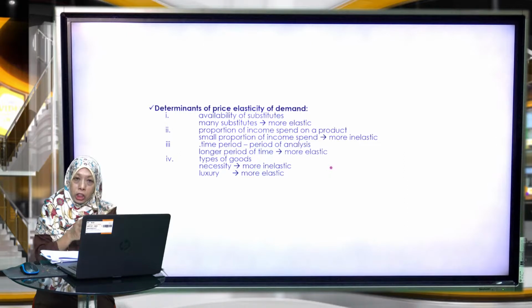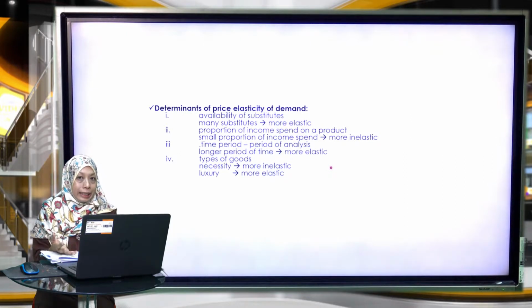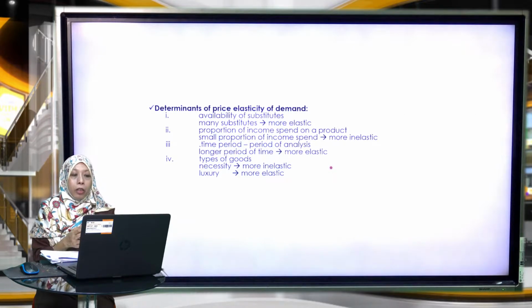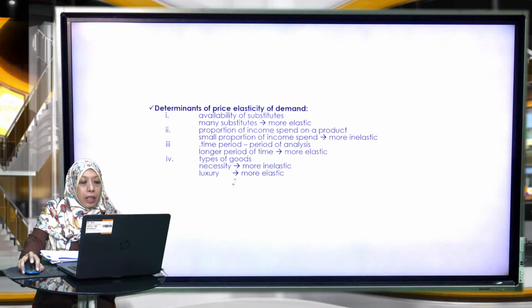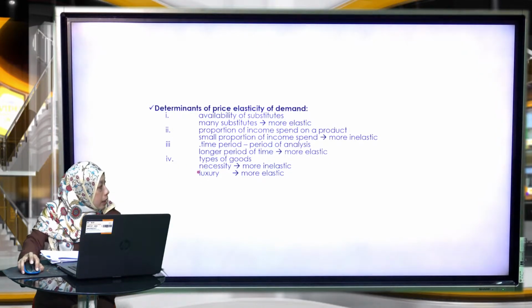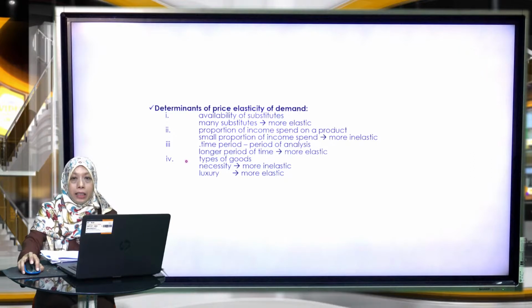So over a short period of time, demand tends to be inelastic, less sensitive, but over a long period of time, because consumers have more time to adapt to the changes in price, demand is said to be more elastic.